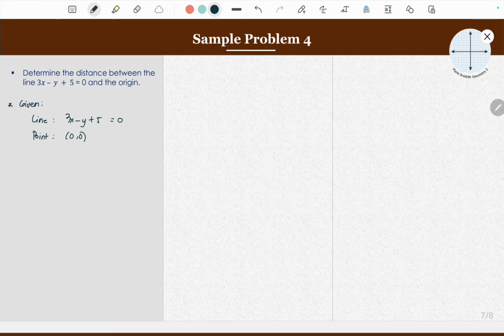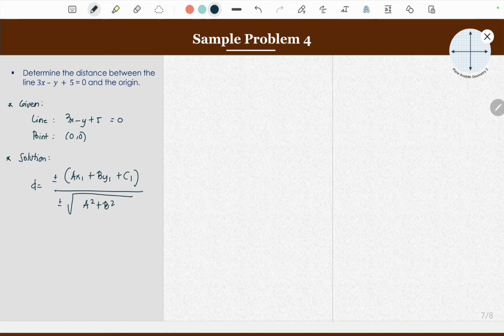So this problem is very easy because you just have to substitute the given values to the formula. So what is the formula for this problem? The formula for this problem is D is equal to plus or minus ax1 plus by1 plus C over plus or minus square root of A square plus B square.